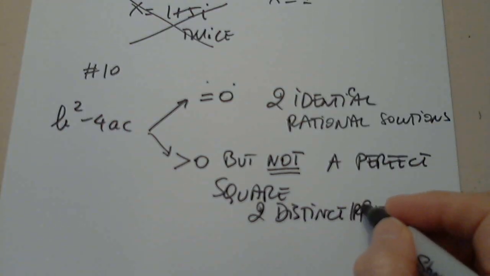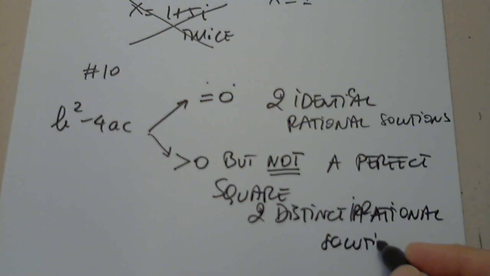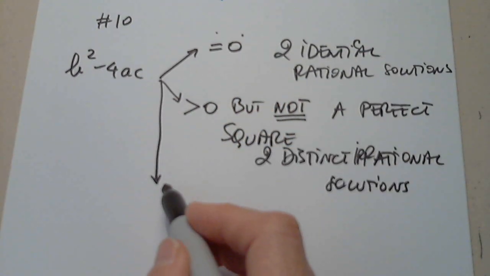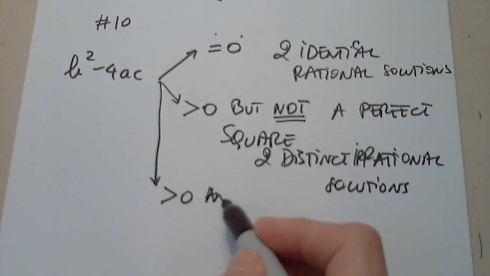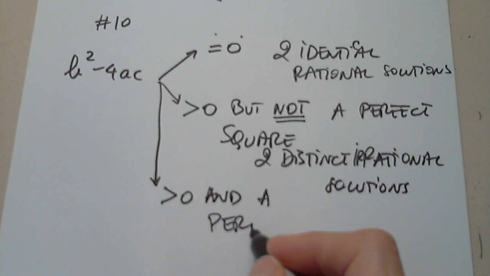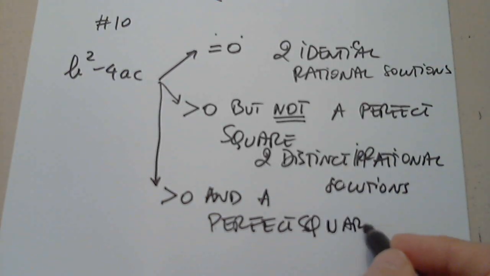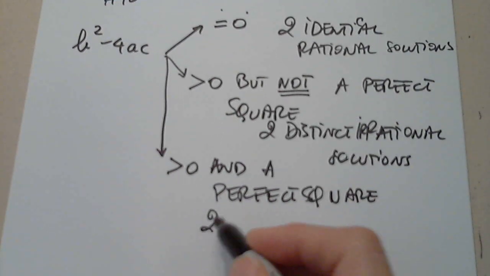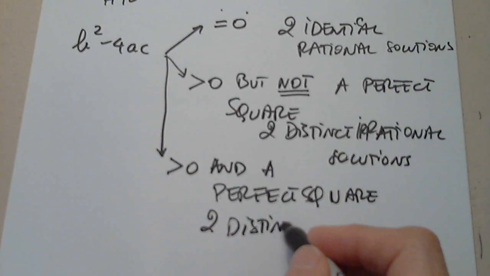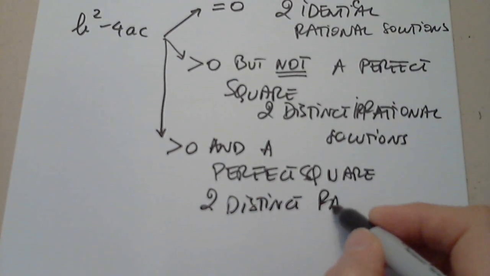Irrational. If the discriminant is positive and a perfect square, then two distinct rational solutions.